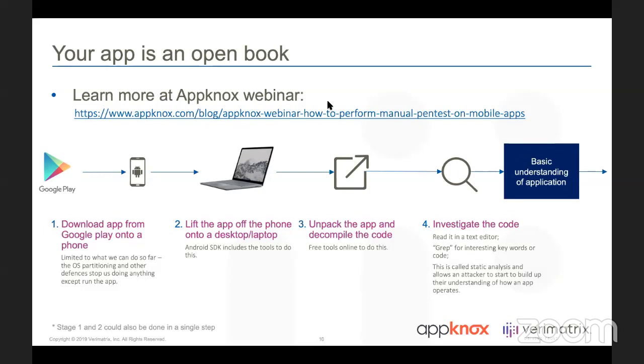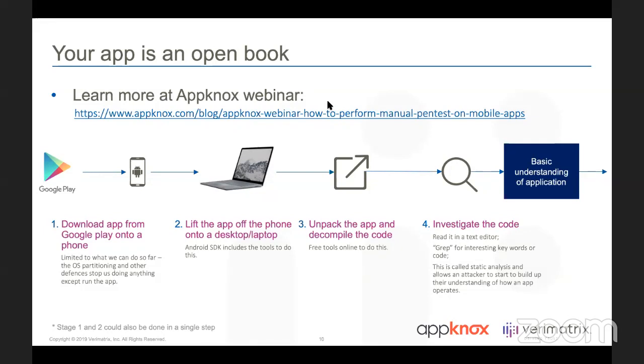In the Android world, the SDK provided by Google gives you all the tools to get that APK onto your laptop. Then there are free tools online that allow you to unpack that APK and start to look at the code and the assets within it. From there, we can start to investigate and read the code. And that reading is called static analysis.